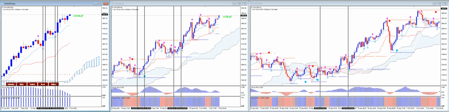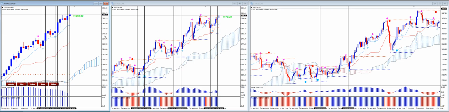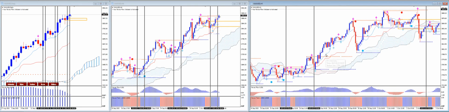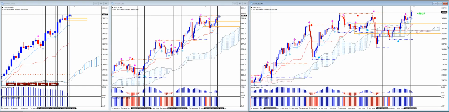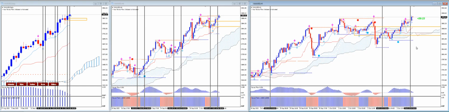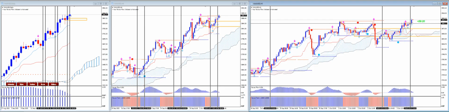So over here, we draw a line, and then we draw another line. This is today. So we confirm that this is the potential support. What we see over here is the candlestick all above the line. So now we want to look for an entry over here, and we do not have the buy arrow yet.